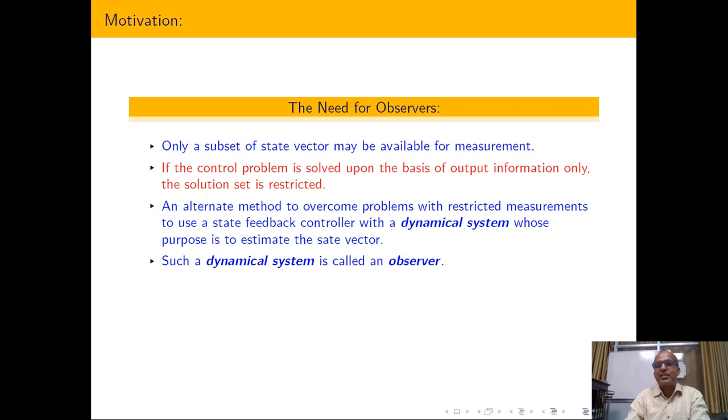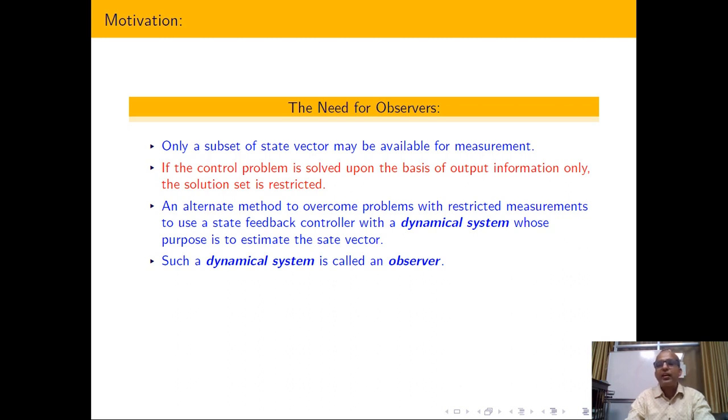For that reason, I first taught you the meaning of observability and the algebraic condition to check whether a system is observable or not. I am assuming the system is observable; only then, based on the partial information, am I able to estimate all the other states, and that dynamical system is called the observer.